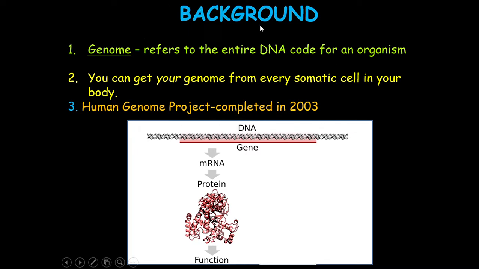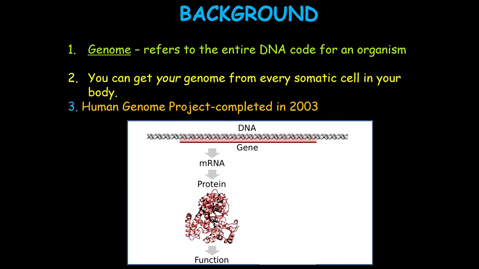A genome is a term that refers to one complete amount of an organism's DNA. For example, in humans we have 46 chromosomes or pieces of DNA per cell, and all 46 of those chromosomes together would make up your entire genome.